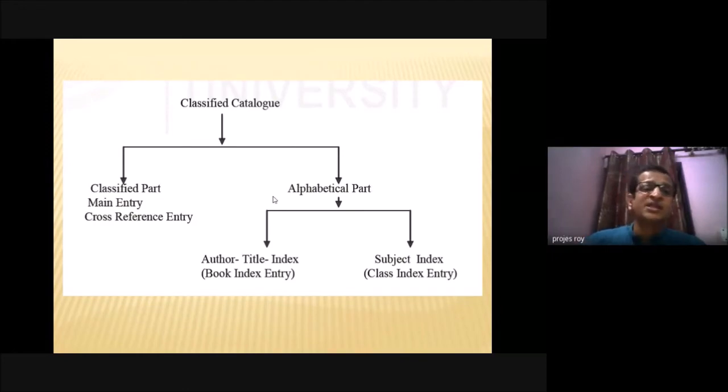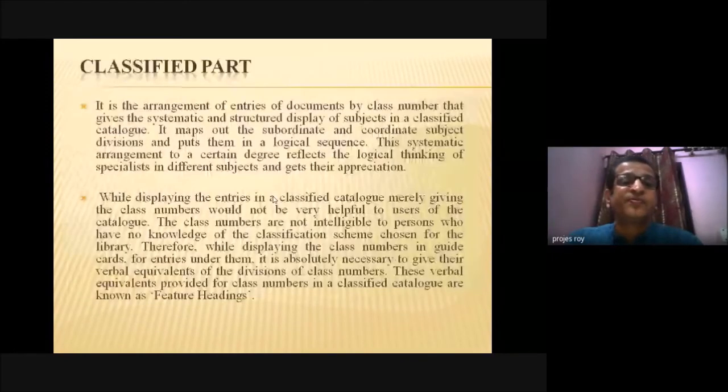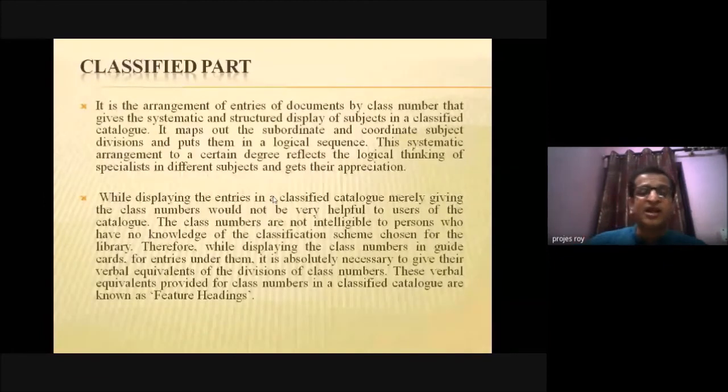So that's the complexity. In the classified part, it is the arrangement of the entries by class number. Here you have to follow the classification number, its terminology, its divisions, its arrangement.